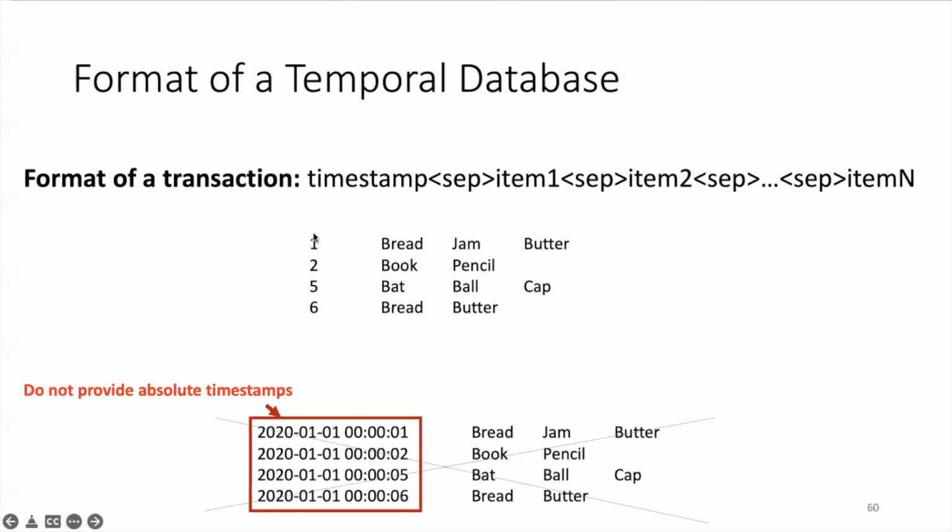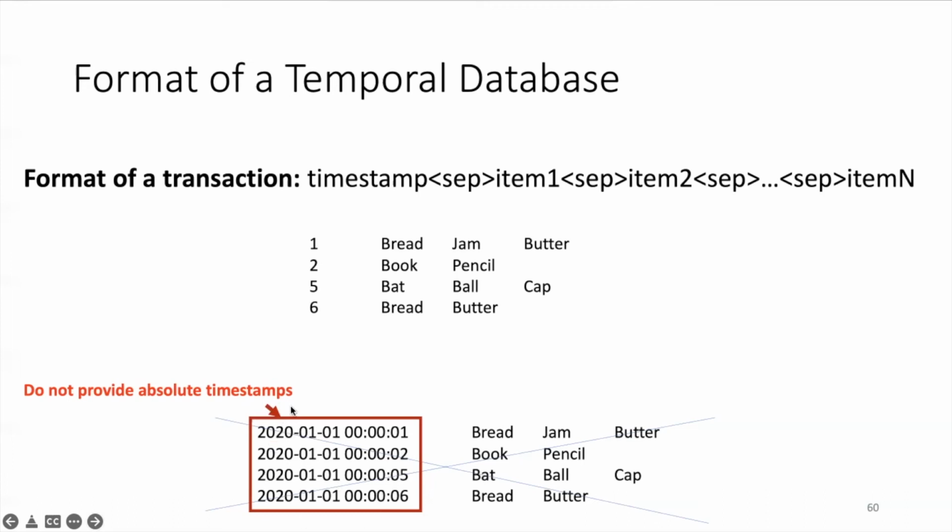We say the first timestamp is 1, then there is a tab space followed by bread, jam, butter, separated by tab space. Please observe that the timestamp is relative rather than absolute, because handling absolute timestamps is much more difficult in the real world.